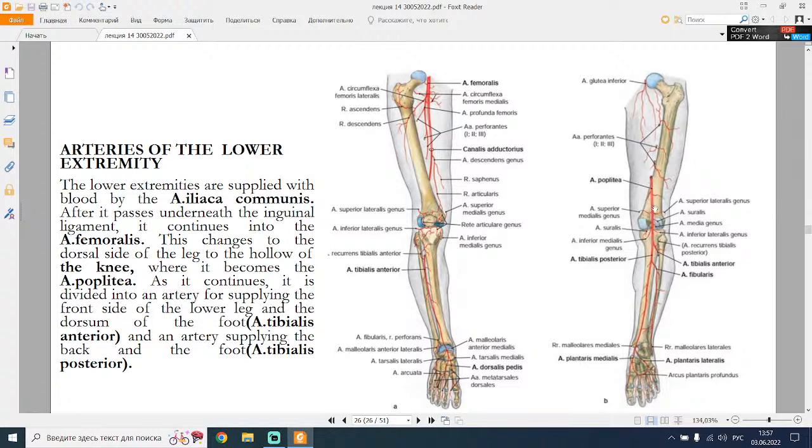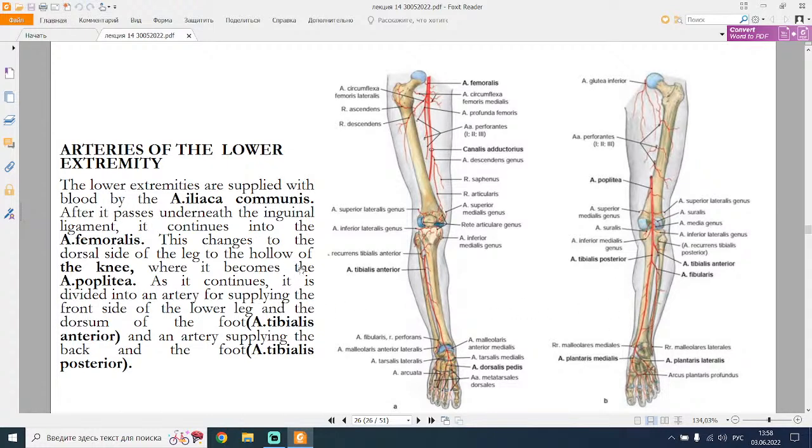As it continues, it is divided into the artery supplying the front side of the lower leg and the dorsum of the foot, arteria tibialis anterior, and the artery supplying the back of the foot, arteria tibialis posterior.